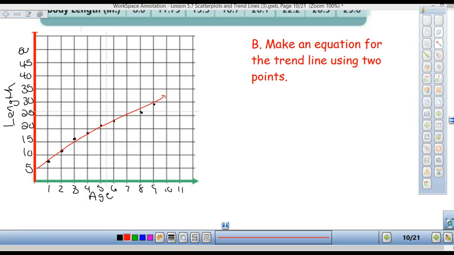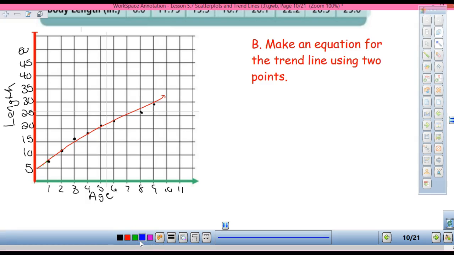I could choose this point right here because it's on the line, even though it's not one of the plotted points. I can choose any points that are on the line, because there are imaginary points all along this line. They don't have to be one of these black points. I could pick any 2 points that are on that line. Does that make sense?